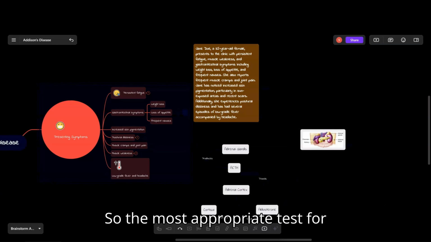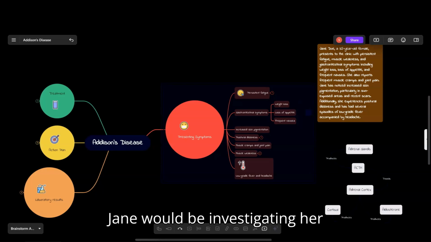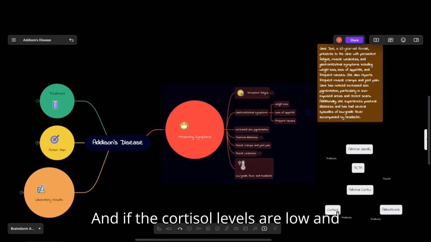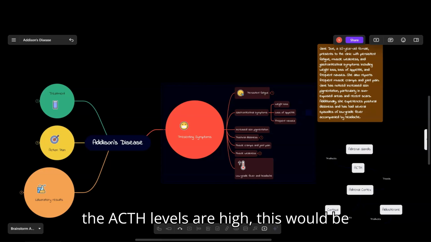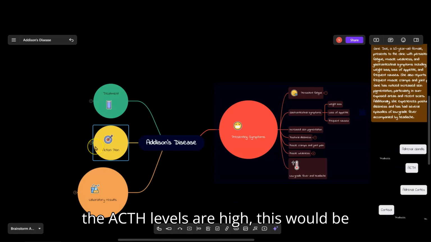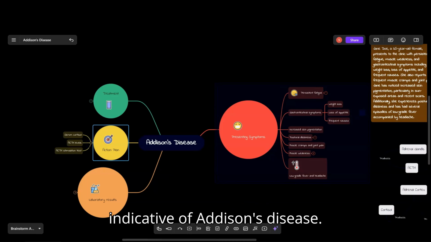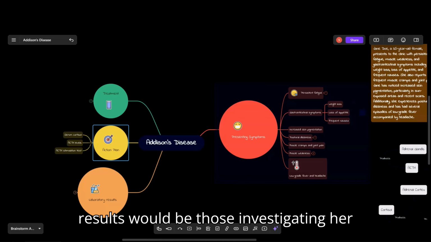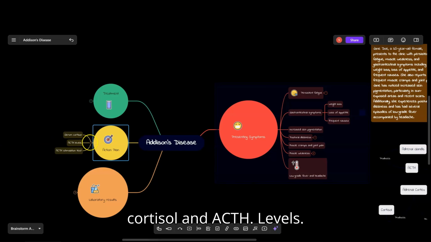So the most appropriate test for Jane would be investigating her cortisol levels and ACTH levels. And if the cortisol levels are low and the ACTH levels are high, this would be indicative of Addison's disease. So for Jane, the most appropriate test results would be those investigating her cortisol and ACTH levels.